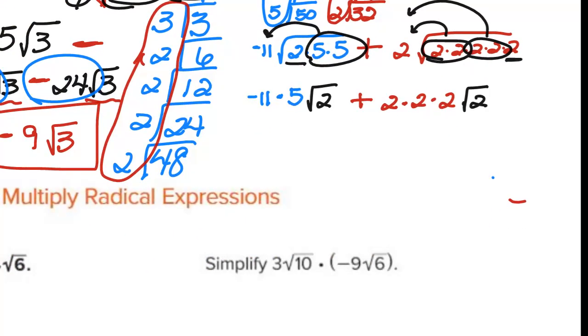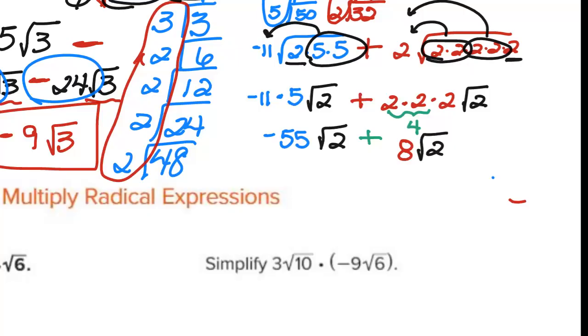So simplifying it, negative 11 times 5 is negative 55 times the square root of 2 plus 2 times 2 is 4, and 4 times 2 is 8 times the square root of 2.